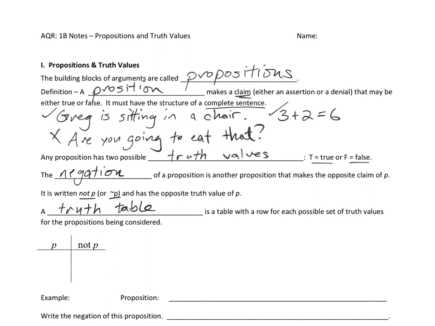So P can either be true or false, but not P will have the exact opposite values. If P is true, then not P will be false. If P is false, then not P will be true. These have opposite truth values. And again, this could be written as not P.